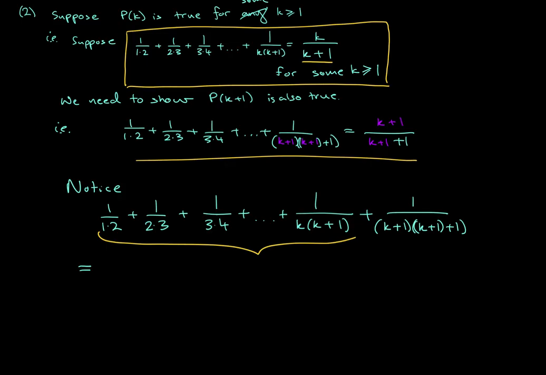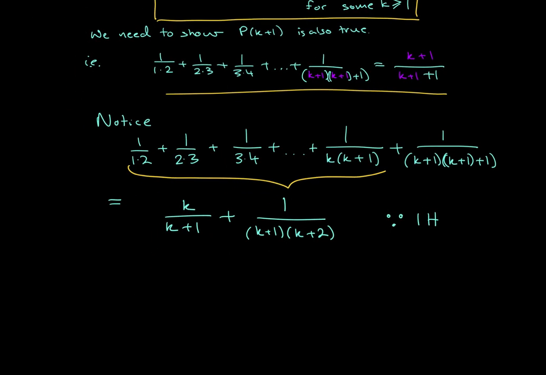So we're assuming that this thing in yellow is equal to k over k plus 1. Again, that's because of this assumption right here. That's called the inductive hypothesis. And then I still have my plus 1 over k plus 1 times k plus 2. All right, and I'm going to say because of the inductive hypothesis, common denominators.